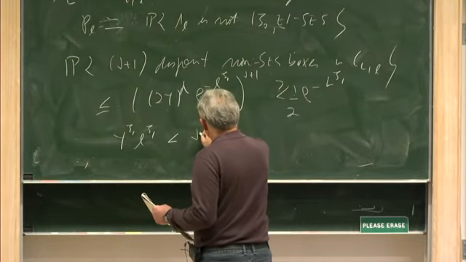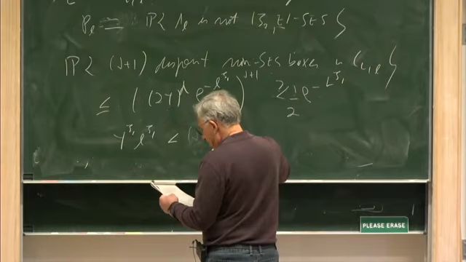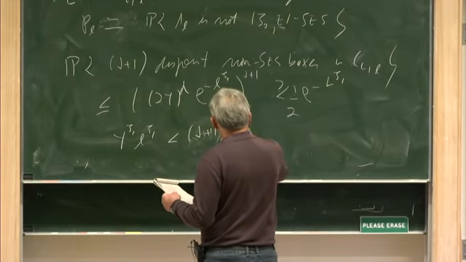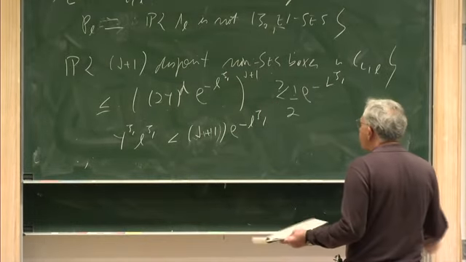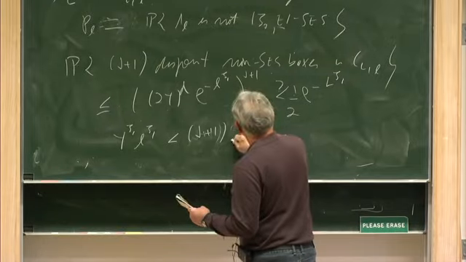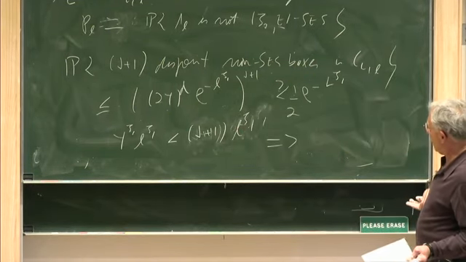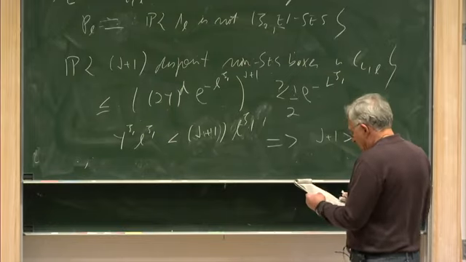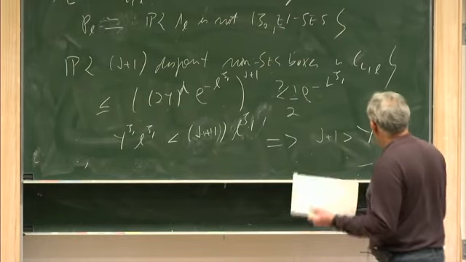But what I get from this side is, no, it's correct, it's j plus 1 times e to the minus L zeta 1. Well, no. L zeta 1. I need to have that. But this is the same as saying that j plus 1 has to be at least Y to the power zeta 1.